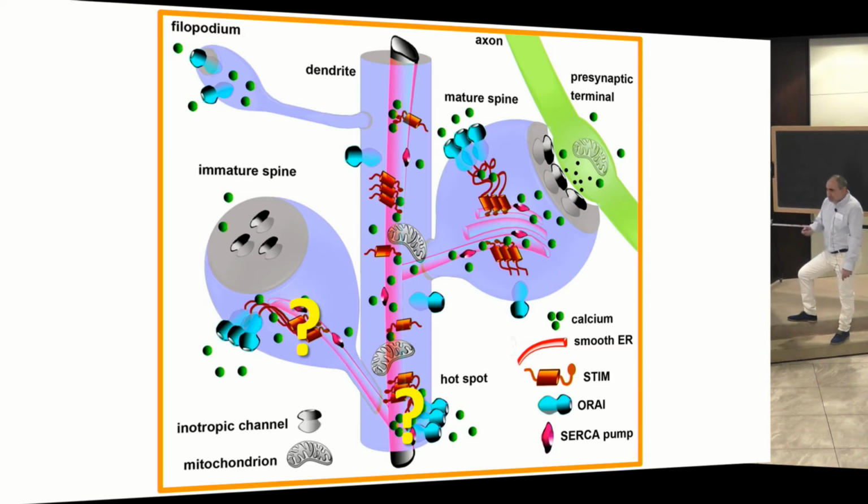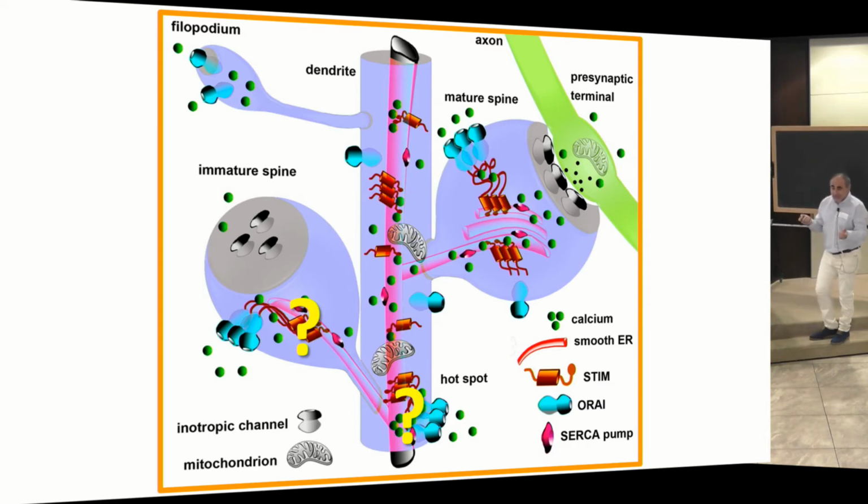Because at this moment we don't see any proof for this theory. So my working theory, don't catch me on this, is that maybe STIM considers a spine as a compartment, not ER as a compartment to measure calcium, but the spine itself, a little spine with a tiny neck, as a compartment to sense calcium inside and to tell ORI to open and to flash calcium inside.